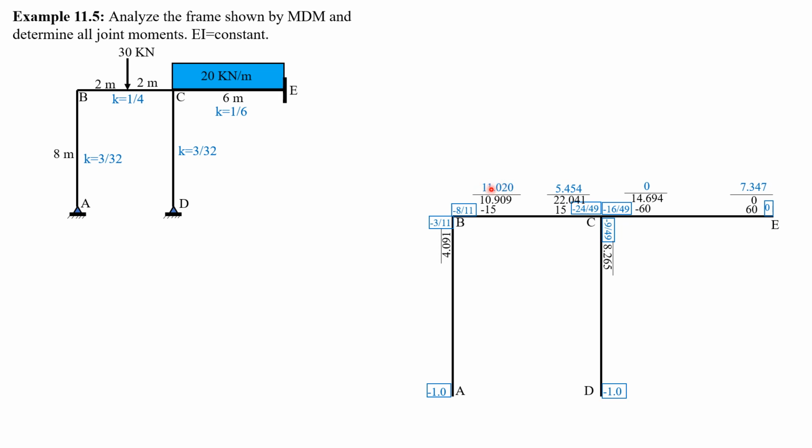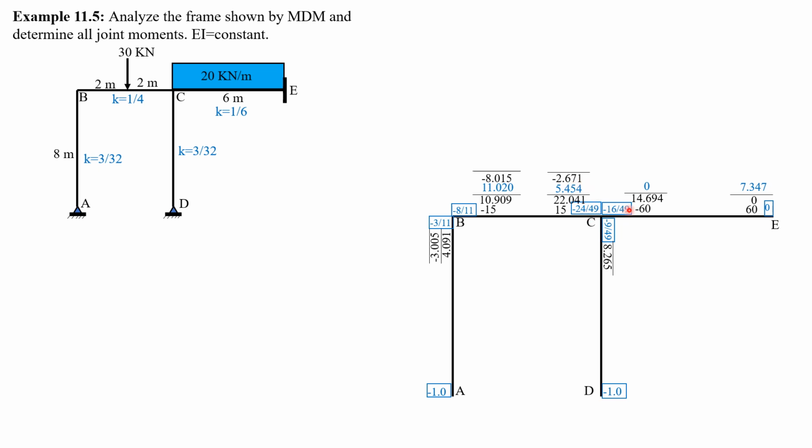So we distribute this. 11.02 times negative 8 over 11 is negative 8.015, lock partially. 11.02 times negative 3 over 11, negative 3.005, lock partially. 5.454 times negative 24 over 49, negative 2.671, lock partially.